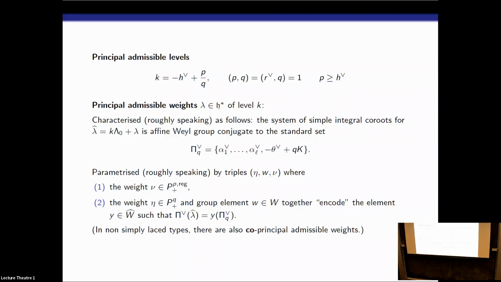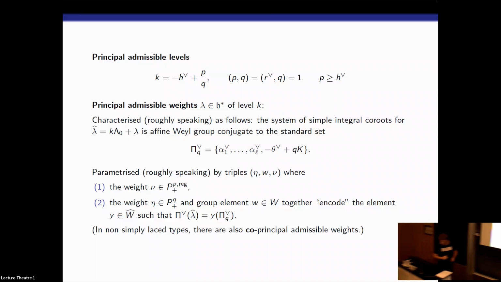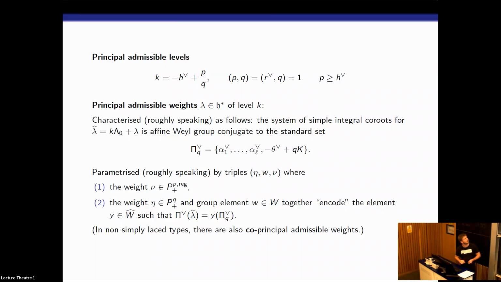And I'll just comment that there's also this notion of co-principal admissible weights, and it's sort of the same thing, except in the case where the denominator is not co-prime to the lacing number. Then everything is slightly different, but parallel.